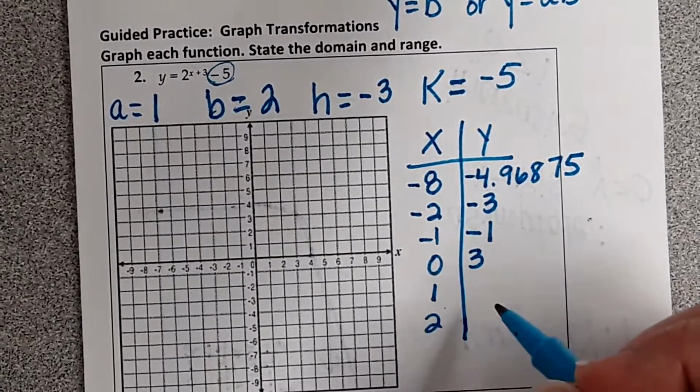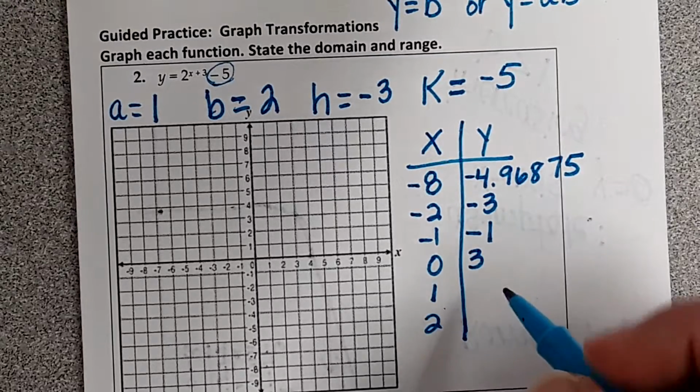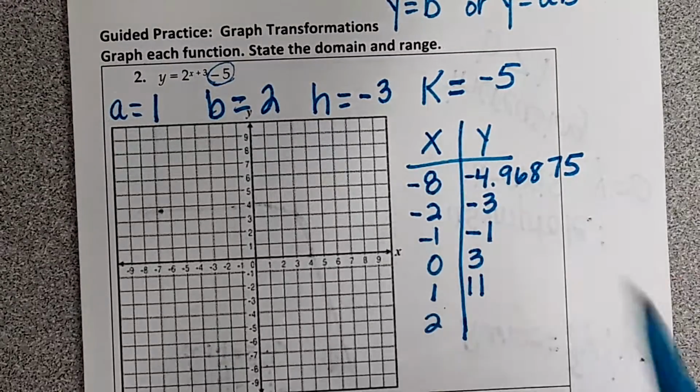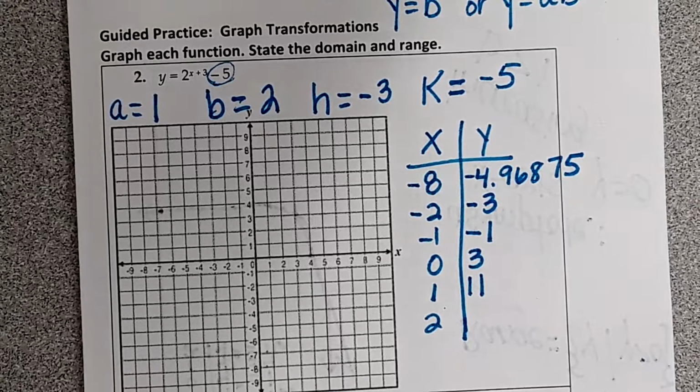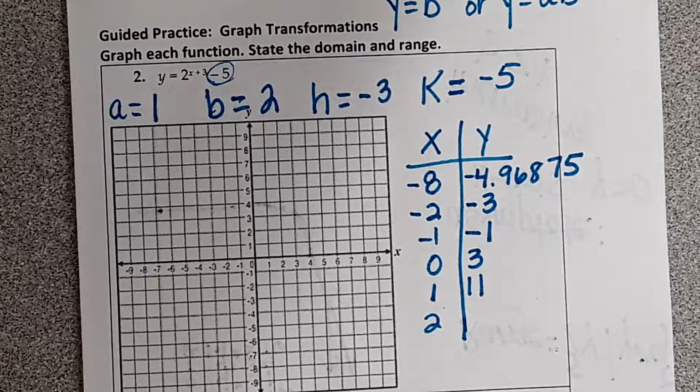And then what did you get when you plugged in 1? 11. Should I go to 2? Should I find the answer if I plug in 2? No. Why not? Because it's not going to be on the graph. We're already off the graph.